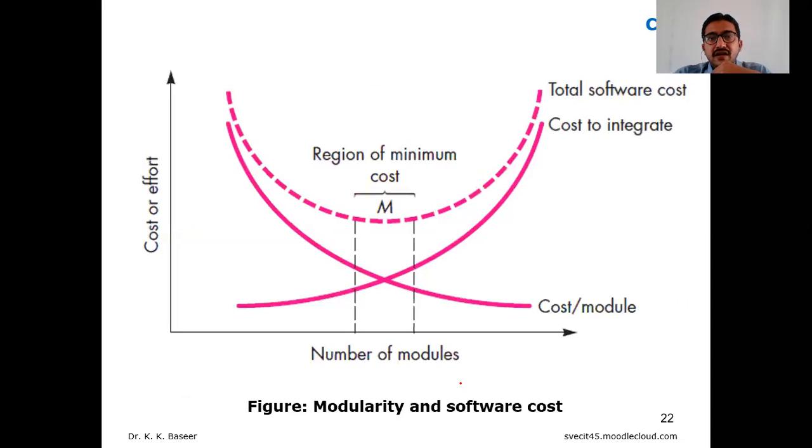If you see a graphical representation, the number of modules is on the x-axis, and the cost and effort are on the other axis. This curve talks about the cost per module. As the number of modules becomes more, the cost to develop each module reduces.